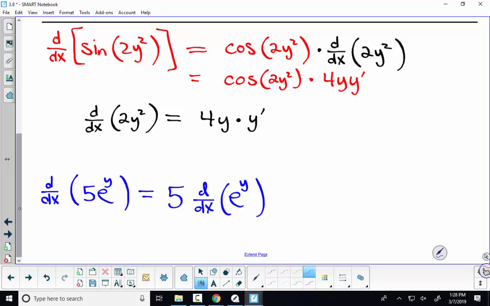E to the y times y prime. Take the derivative normally, multiply by y prime. Same thing is true if I take the derivative with respect to x of e to the x. We know it's e to the x, but what we're not seeing is it's e to the x times the derivative of x, which is 1.